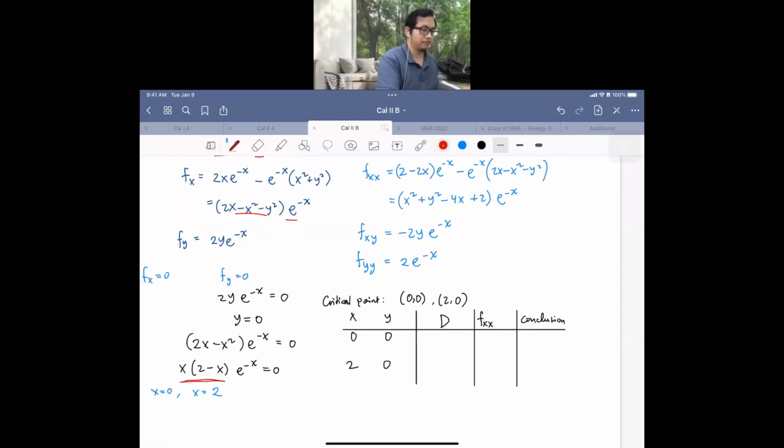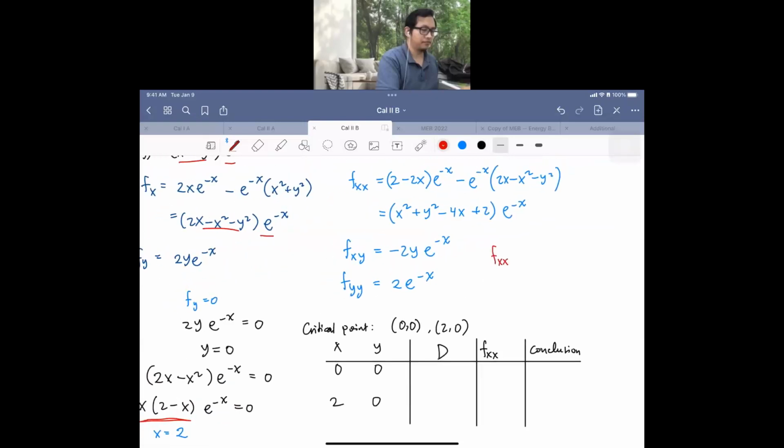D will be partial xx times partial yy minus partial xy squared. So we first check 0, 0. D at 0, 0 is 4, right?